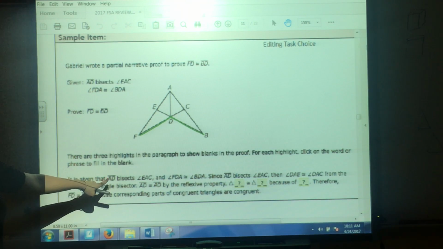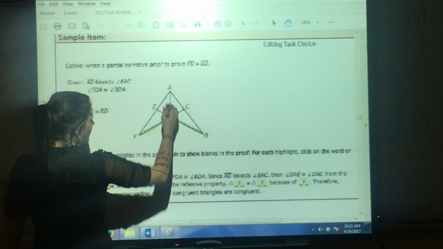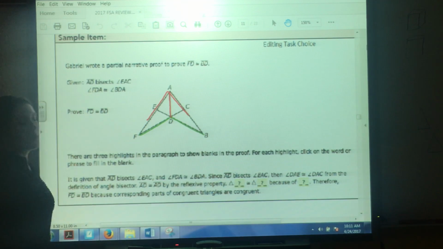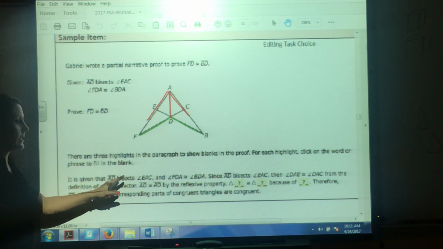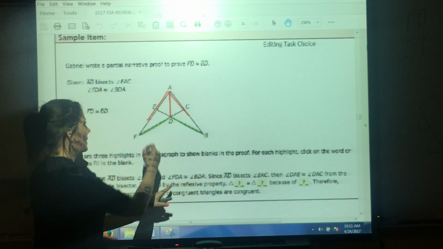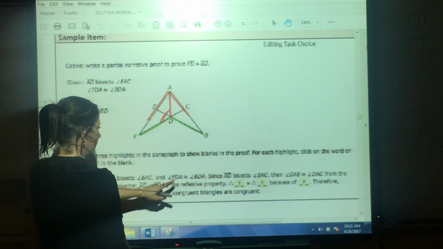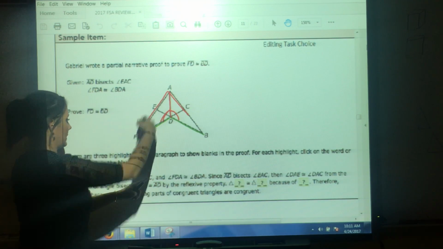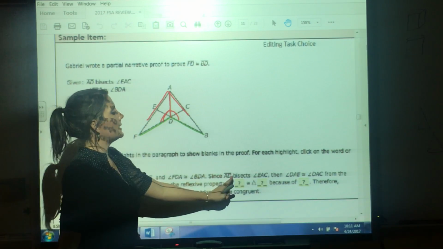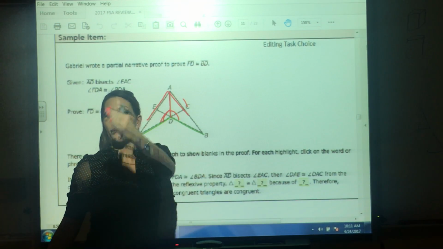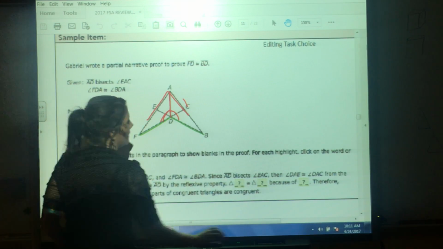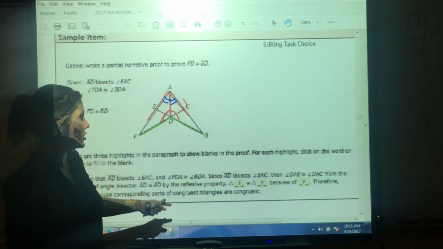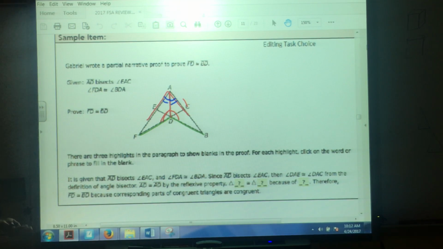It is given that AD bisects angle EAC. Since AD bisects this angle, right away you know that this angle is congruent to that angle. That's the definition of angle bisector, and that's what he wrote.